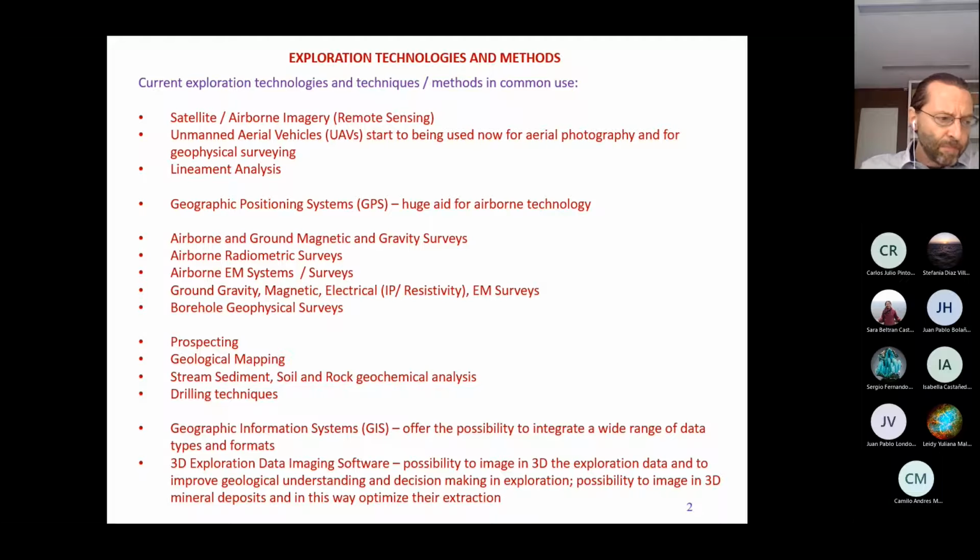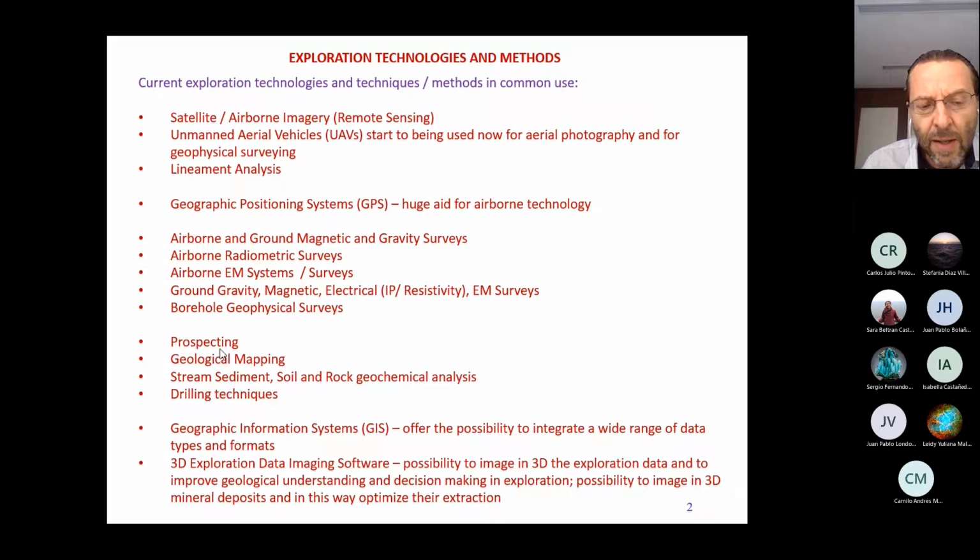So what happens in mineral exploration today, we have different tools. None of them is perfect. That's the idea. It's very difficult to find the mineral deposits, especially if they are buried and we cannot see them, so they are blind. Most of the tools that companies use are here. You are going to see a group that is more geological.